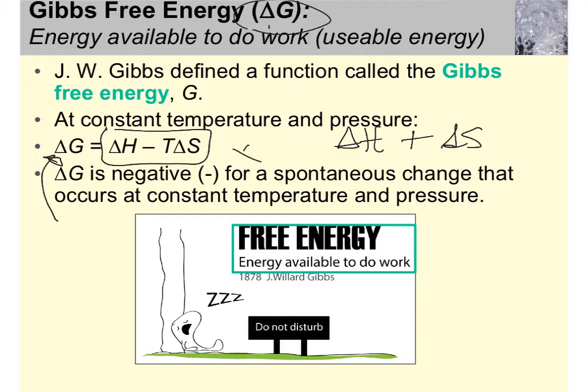This is an equation you'll be using a lot. So free energy is the amount of energy that's actually available to do work, to do something useful. So remember I talked about the first law of thermodynamics, which is simply energy can neither be created nor destroyed.